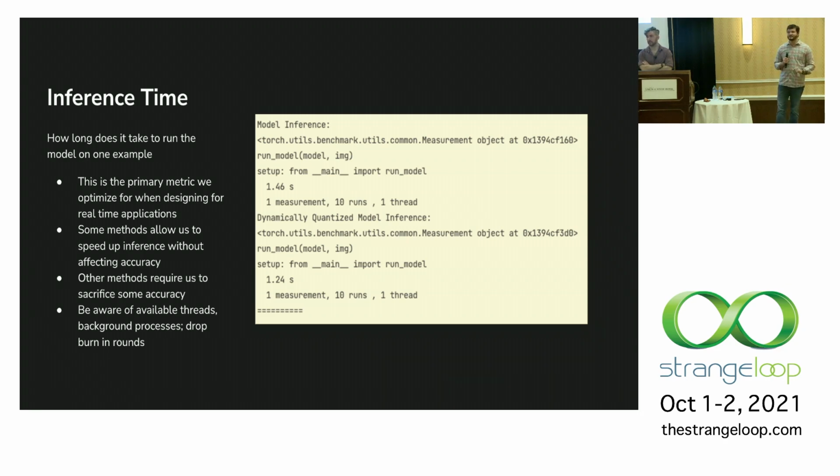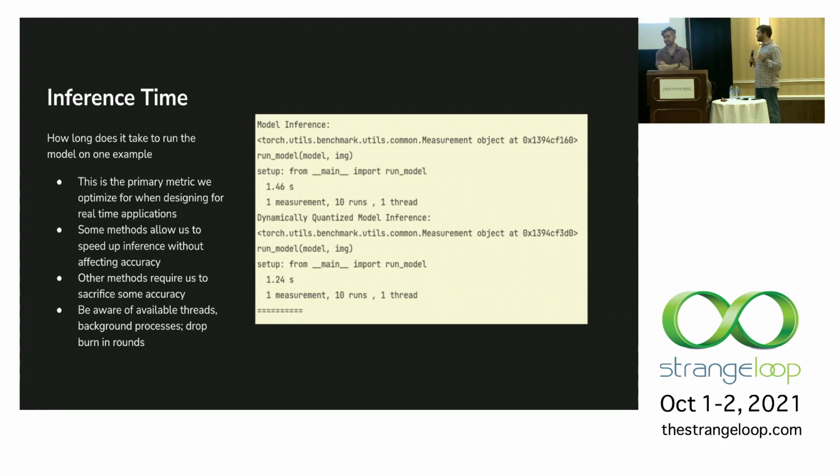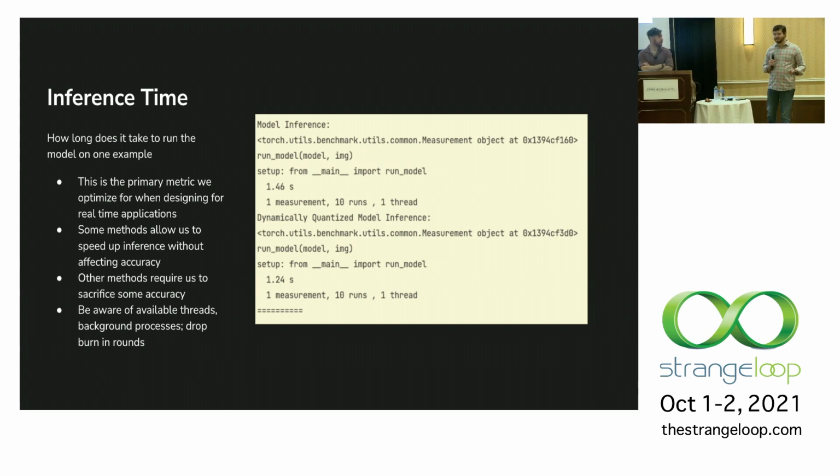But those are pretty few. You are going to have to make some trade-offs ultimately. And how you measure performance is also super important, right? You need to be aware of the available threads on the computer that you're benchmarking your models on. You need to be aware of background processes, all these things that could affect the validity of your measures of computation.